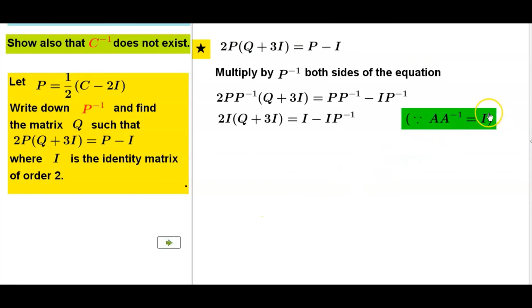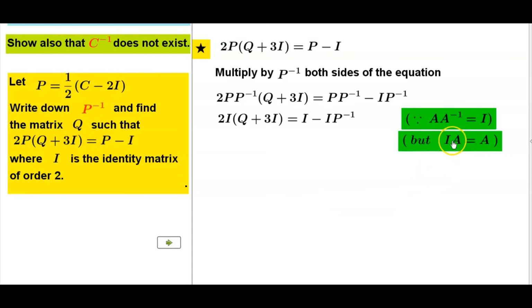P into P inverse is I, the identity matrix. Therefore, here P into P inverse is I. Therefore, 2I into Q plus 3I is equal to P P inverse, which is I, minus I P inverse.